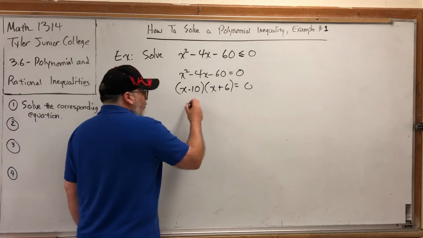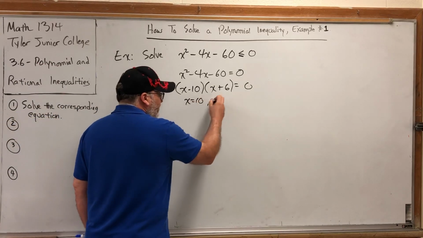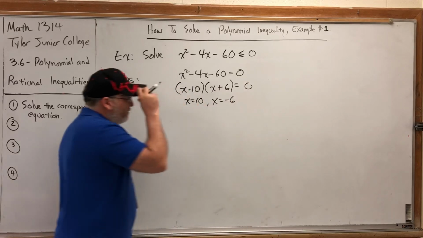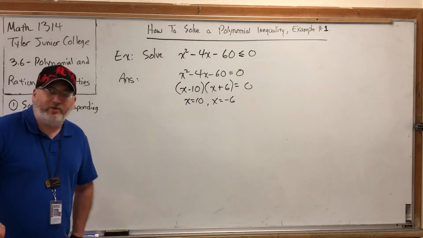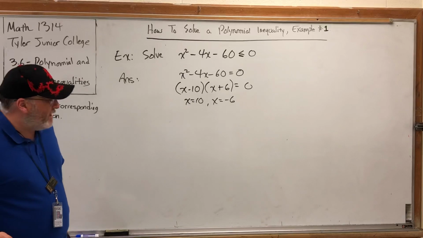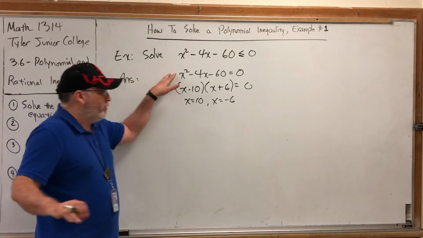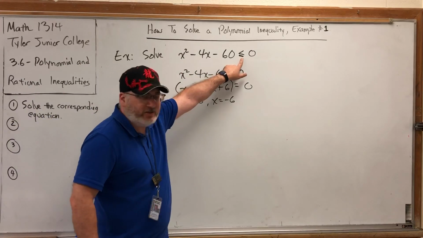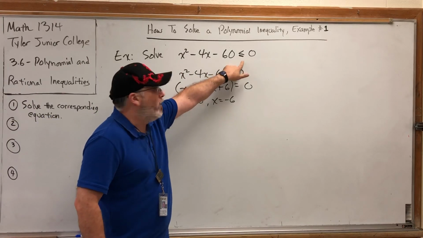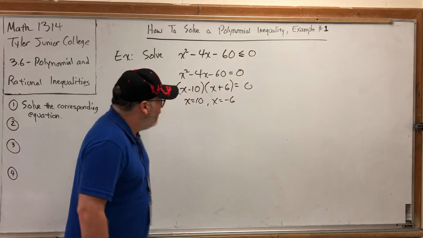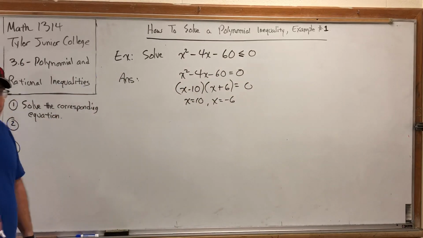So if we set each factor equal to 0, we get x equals 10, and we get x equals negative 6. Now be careful, this isn't the solution that we're looking for. These numbers happen to be solutions because they both make the equation equal to 0, and this inequality permits it to be equal, but there are more numbers besides 10 and negative 6.